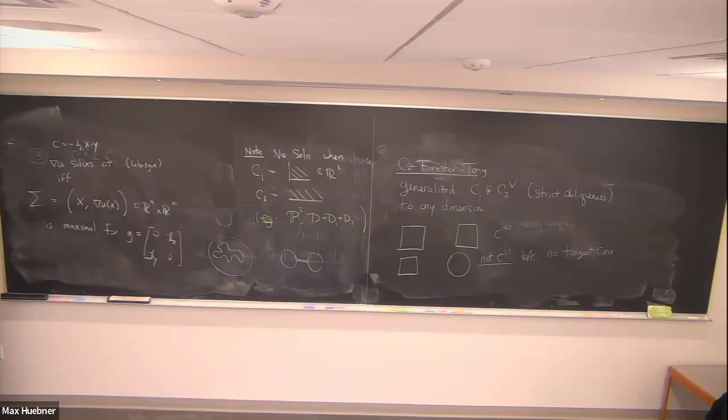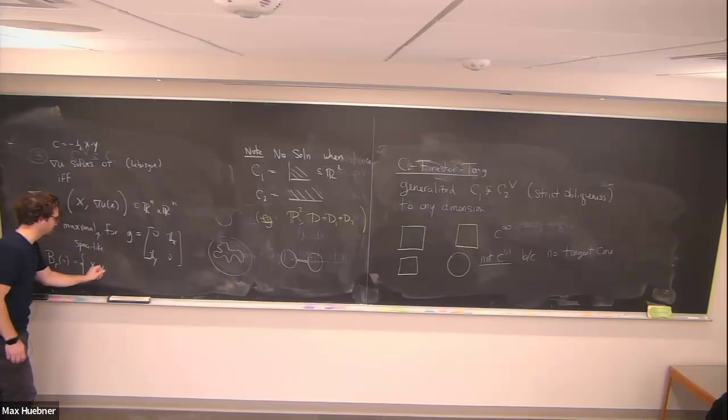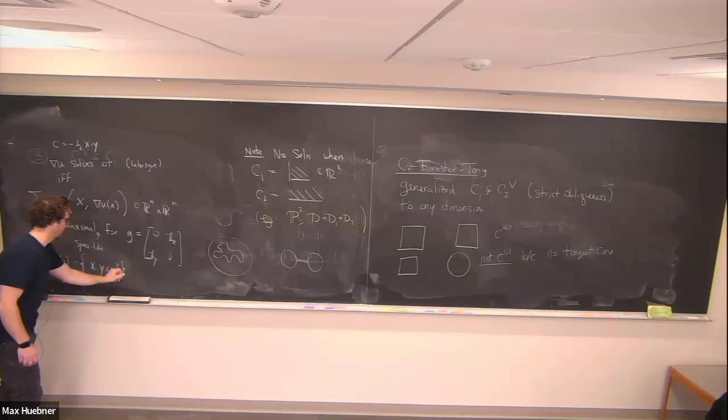Then you can look at what the geodesic balls are for this metric. It's maximal and it's space-like, so the metric restricted to this graph is Riemannian. The geodesic balls for this metric are the sets x dot y less than r squared, around the origin.